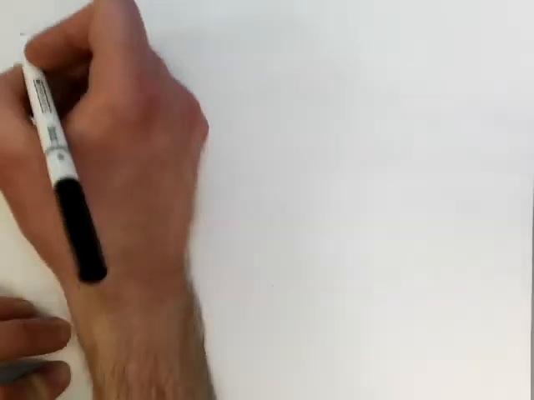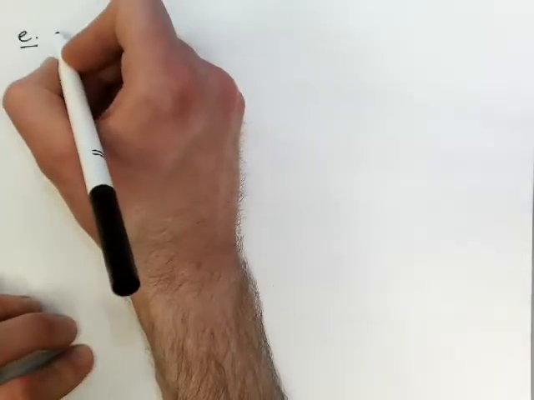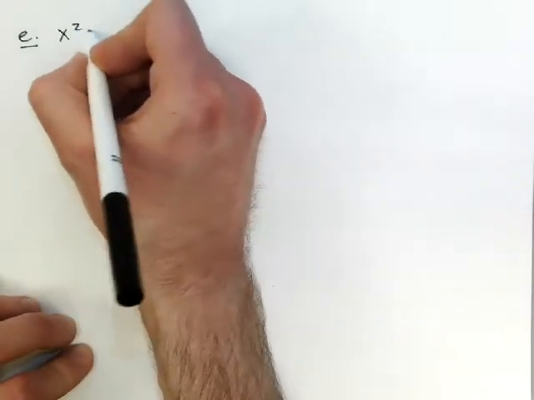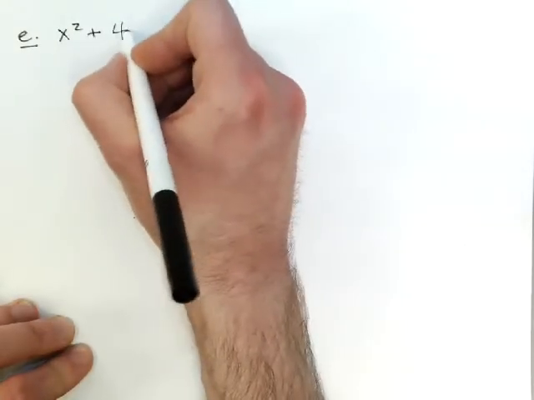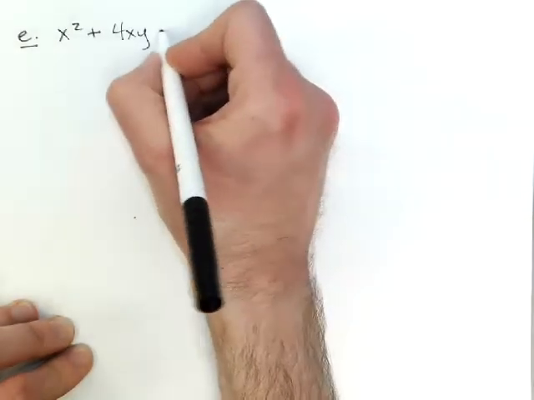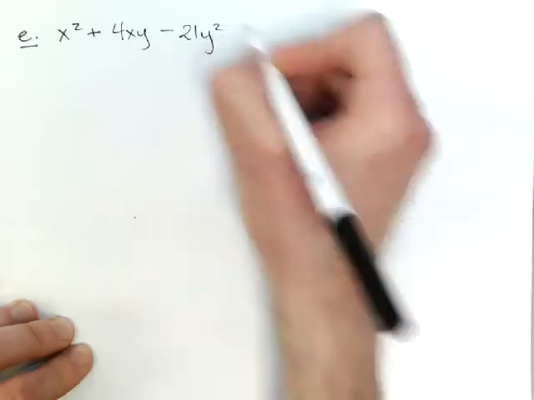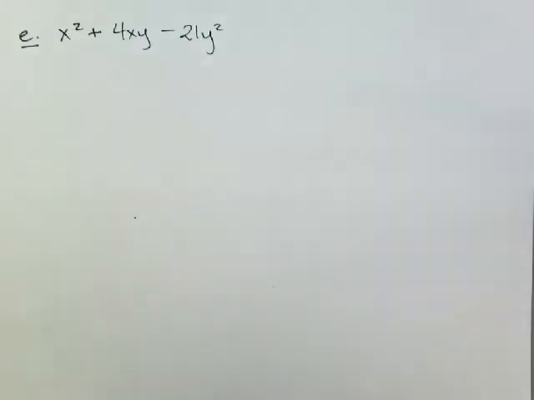Let's look at another one that's a little bit trickier. Throw in another variable there. So we're going to look at x squared plus 4xy minus 21y squared.